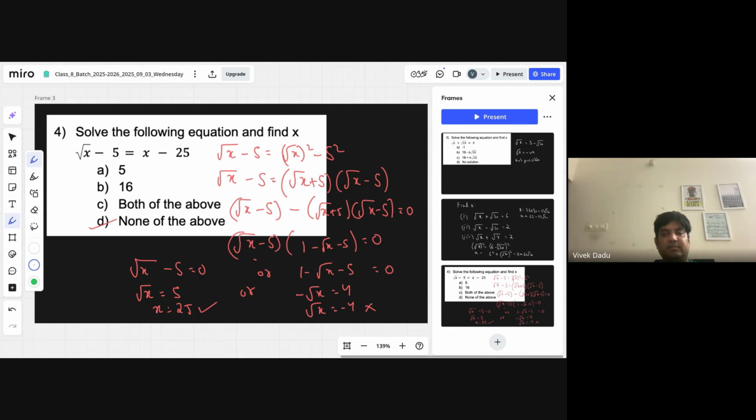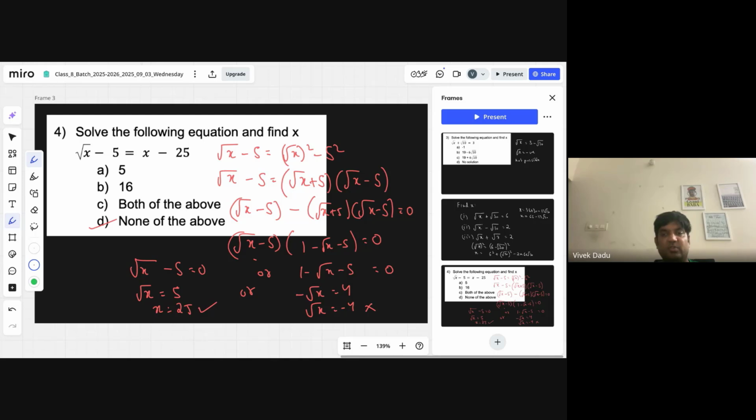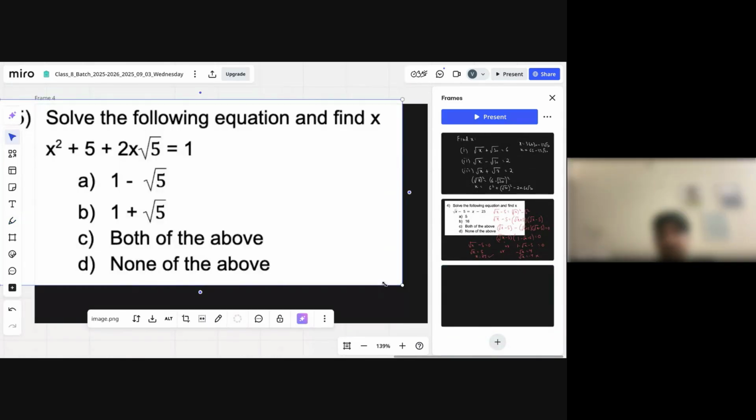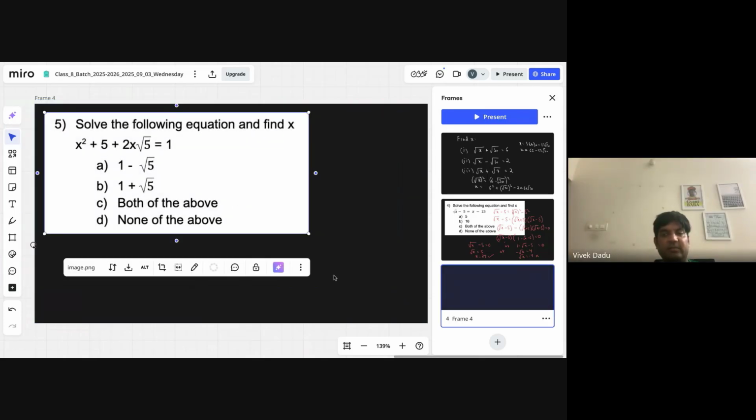Next. Sir, fifth. How many people realize that it's an identities question? It is a double identities question. Arnav, you know the A plus B whole square identity?